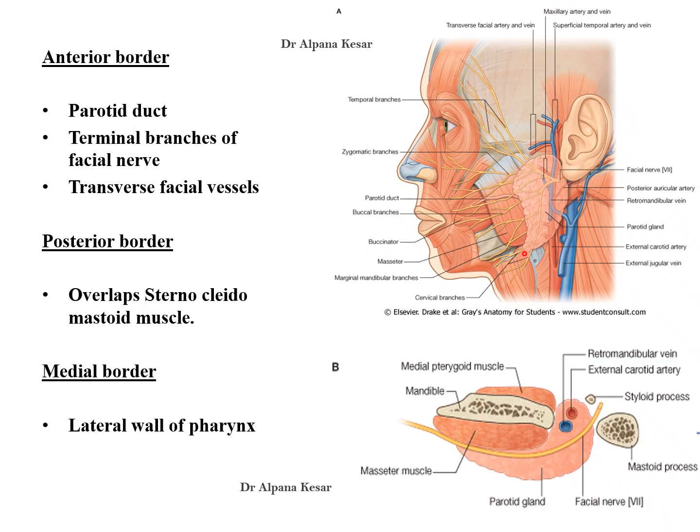Anterior border of parotid. Three structures exit the anterior border of parotid. They are the parotid duct, the terminal branches of facial nerve, and transverse facial artery.